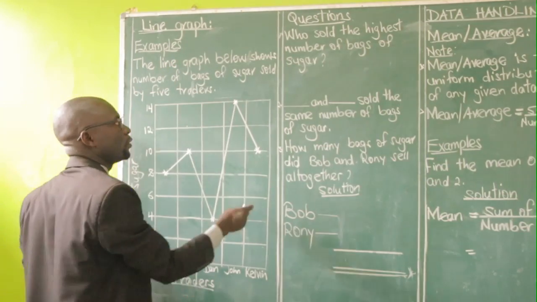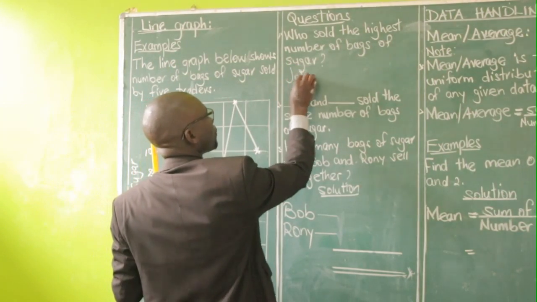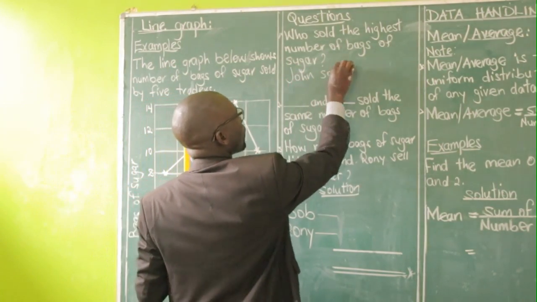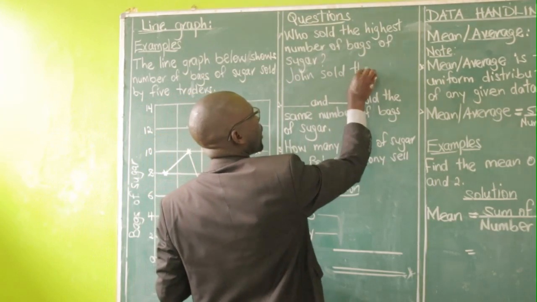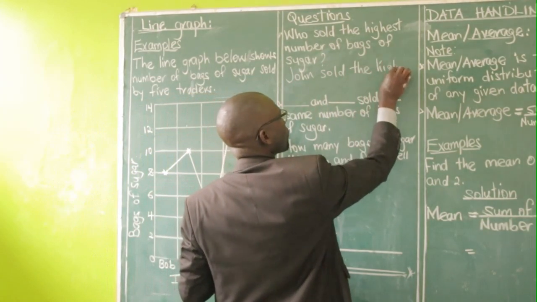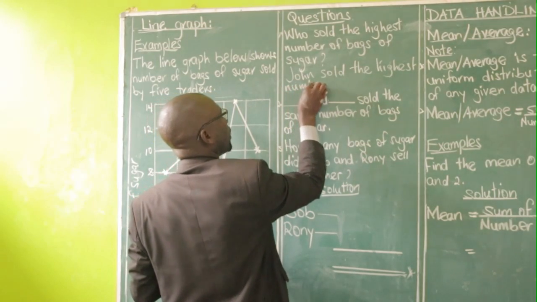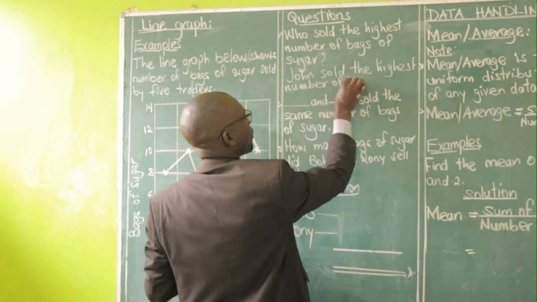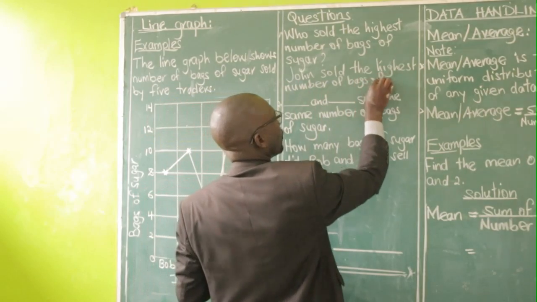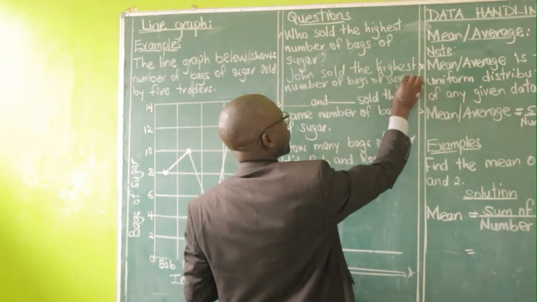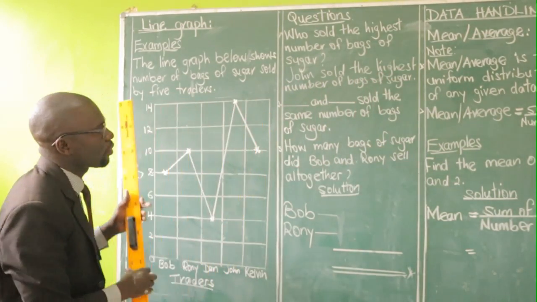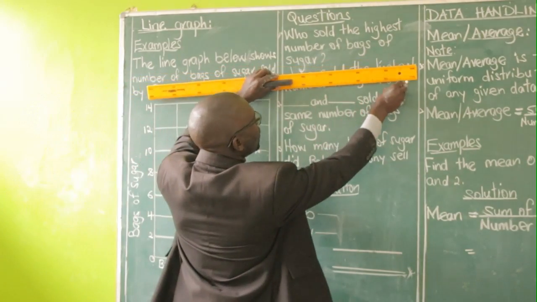So it is John. John sold the highest number of bags of sugar. Period. That's the answer for that number.